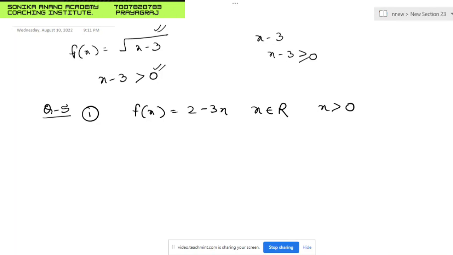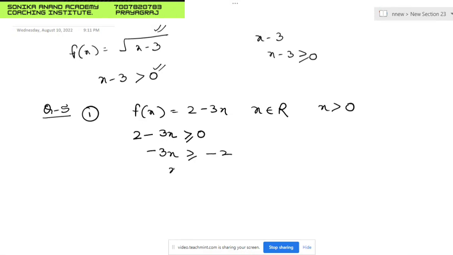Actually, domain and range is a tough topic. It can't be understood easily. 2 minus 3x must be greater than or equal to 0. So from here, minus 3x must be greater than or equal to minus 2.